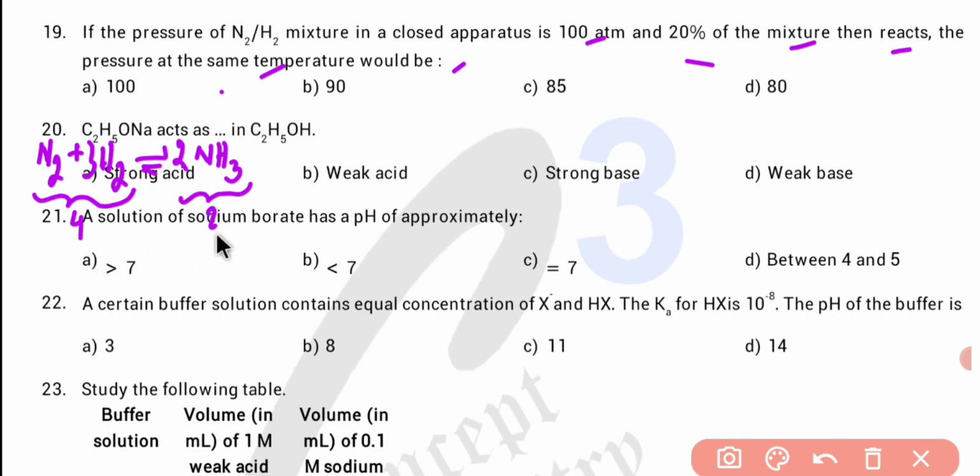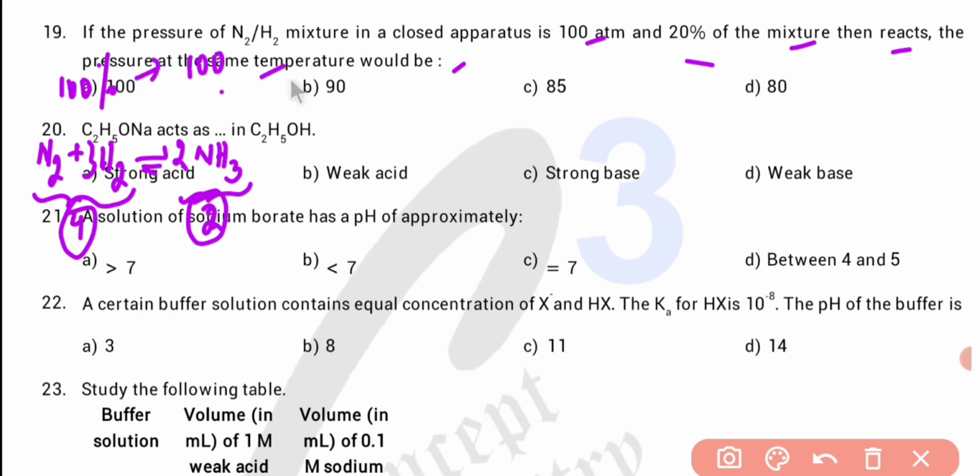So a difference of 2 is there. From 4 moles of nitrogen and hydrogen mixture we get only 2 moles of ammonia. In the question it says that for 100% the pressure is 100.